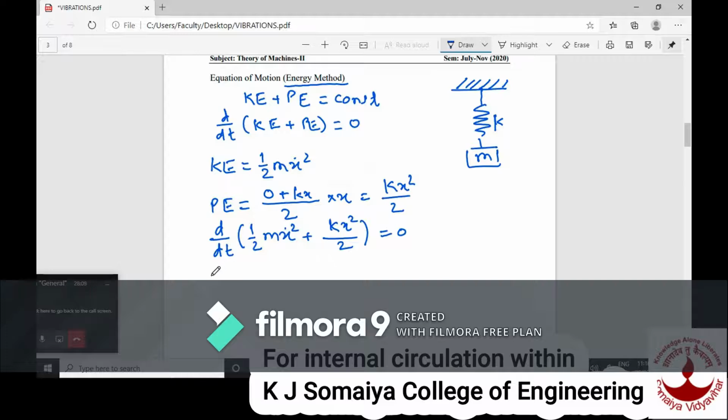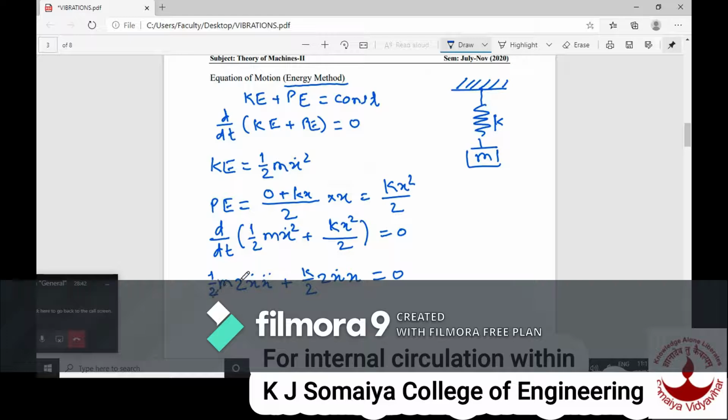Now if I solve this equation, it will be half of m as constant, x dot square, so it will be 2x dot, and the derivative of x dot is x double dot, plus k by 2 is constant and x square gives 2x into x dot, so it is 2x dot into x, equal to 0.